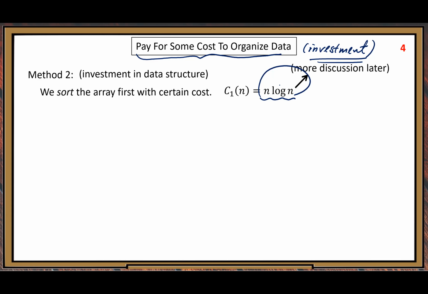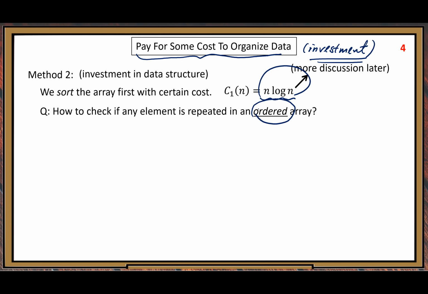The question: how to check if any element is repeated in an ordered array? After we pay this much cost, now we enjoy the good property we get because we have an ordered array this time. In an ordered array, when you need to check if any element is repeated, is it much easier?